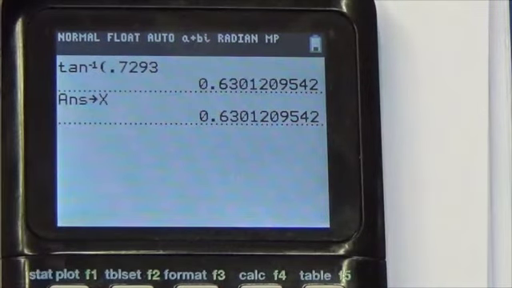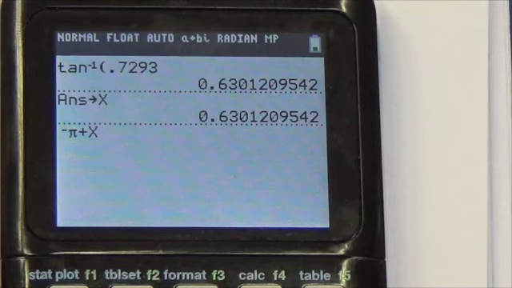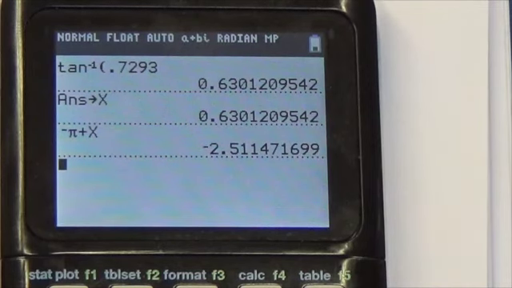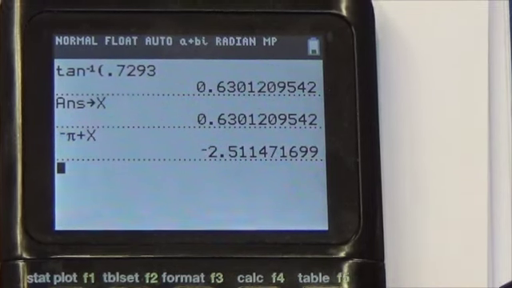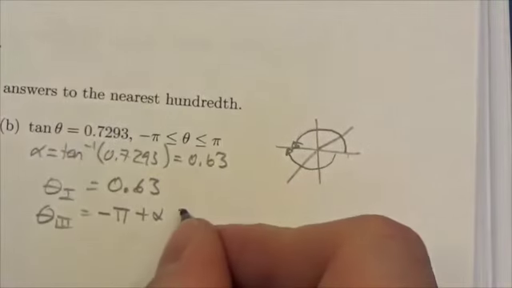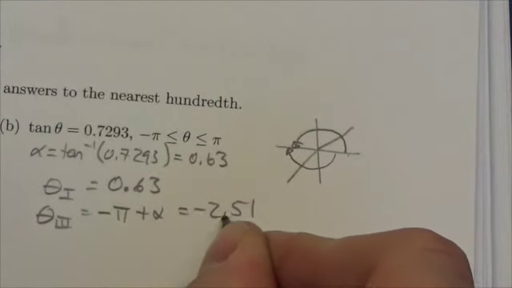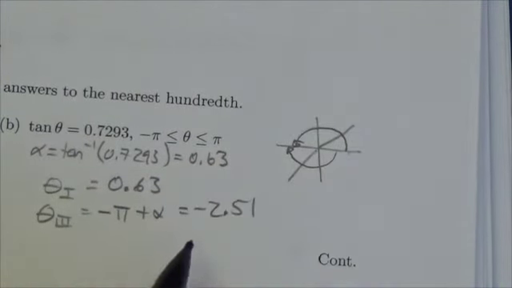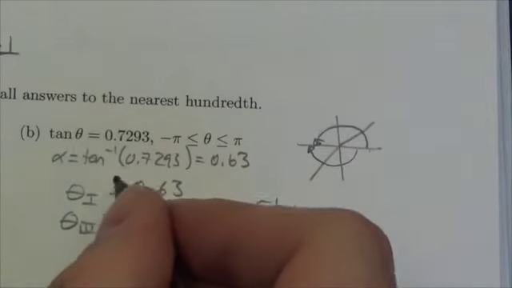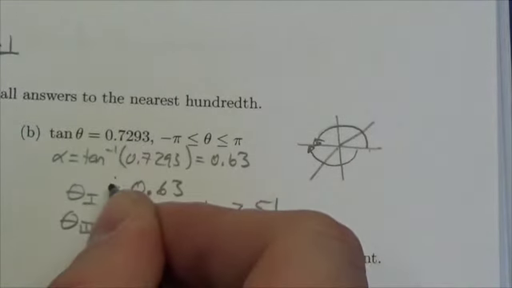So my answer here is going to be negative pi plus the x, because I put the reference angle in x. That's negative 2.51. So those are my two angles there, 0.63 and negative 2.51. And again, because these have been rounded, those are approximate.